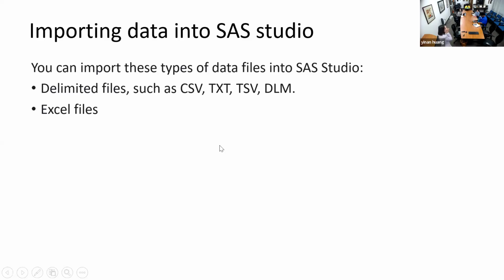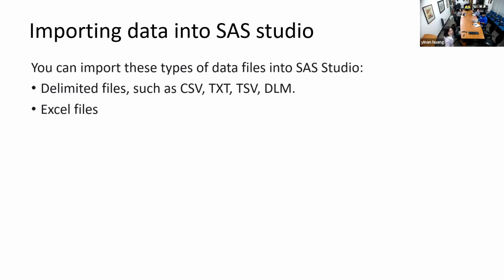Okay, now moving on to the next part, which is importing data into SAS Studio. SAS allows us to read different types of data that can be imported into SAS or SAS Studio. This is also part of our homework, where the key part is accessing data.